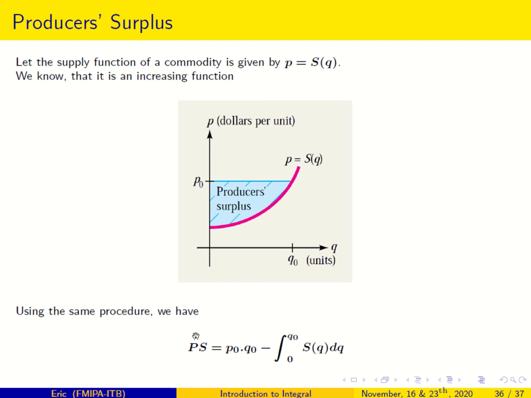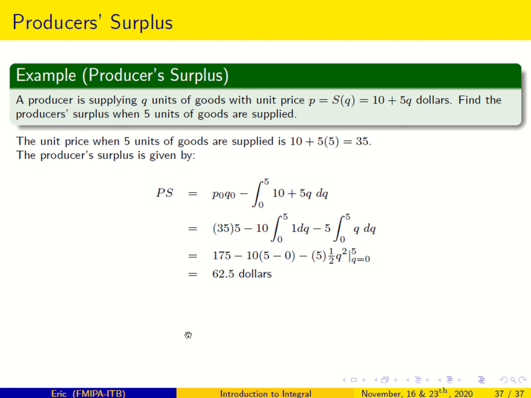So this is what we call the producer surplus. Here is an example. A producer is supplying Q units of goods, and the unit price P is equal to this many dollars. Find the producer surplus when 5 units of goods are supplied. The unit price when 5 units are supplied is 35.